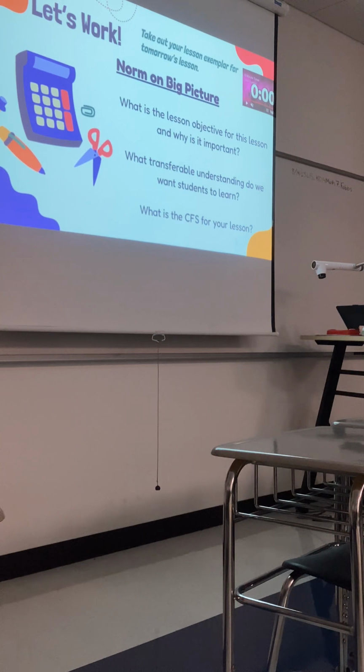So mine was talking about tomorrow, representing proportional relationships and determining what points mean on the graph, according to the situation. So we've talked about what a proportional graph looks like, we've talked about how to plot on the graph, we've talked about ordered pairs. Now we're going to talk about taking the graph and reading it: what does that ordered pair mean? So we kind of started a little bit today.